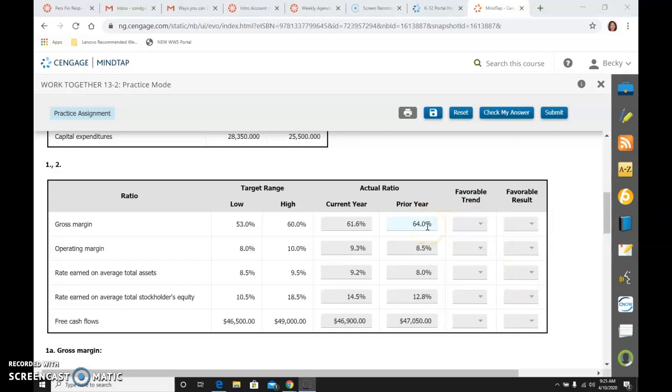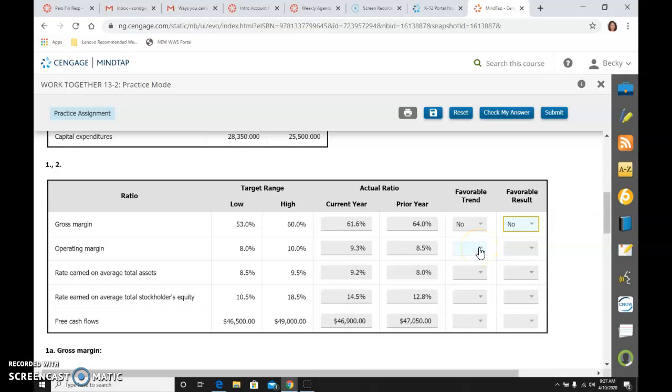So for gross margin, 64 to 61, that is worse, so I'm going to say no. My answer key says yes, so I'm hoping it's just a bad answer key. And favorable result is saying, does it hit our target or not? Our gross margin's at 61.6, it's outside the range, so it is not a favorable result either.